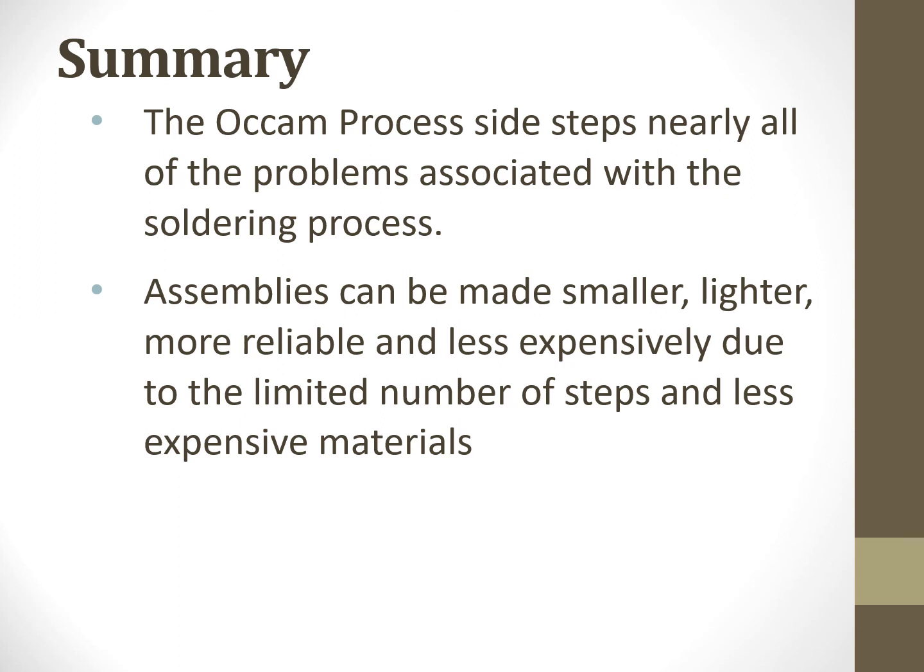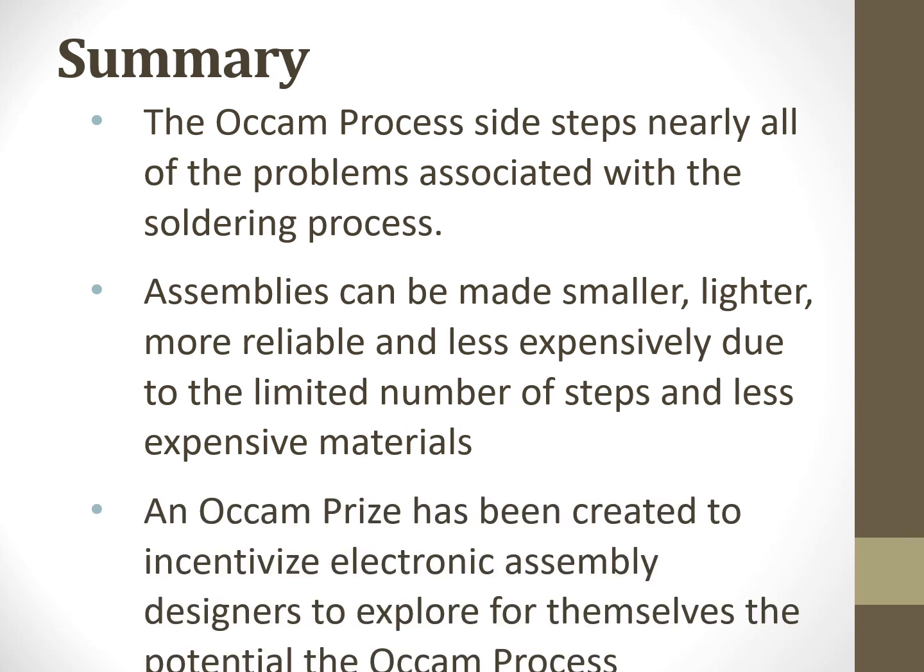Assemblies can be made smaller, lighter, more reliable, and less expensively due to the limited or reduced number of steps and less expensive materials. To this end, an Occam Prize has been created to incentivize electronic assembly designers around the globe to explore for themselves the potential for the Occam process in products of their imagination.